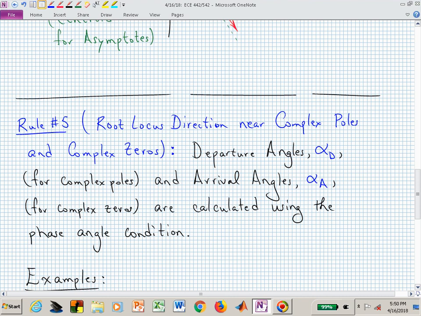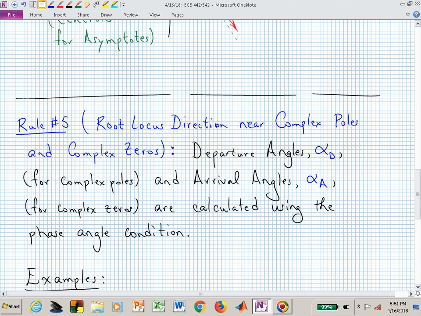I probably just said it in the reverse order, but here's the root locus direction near complex poles and complex zeros. We want to know how those branches leave or depart from the poles, because we know our branches leave the poles immediately as we crank up the gain k. So those are our departure angles.